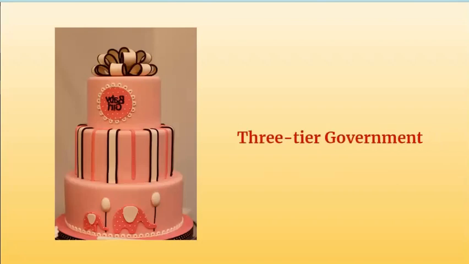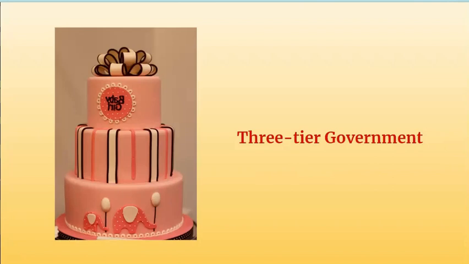Then we have three-tier government. So just to make sure that you remember three-tier government, I have added here a three-tier cake. Initially, the Indian Constitution had dual polity provisions with regard to the organization and powers of the center and the state.